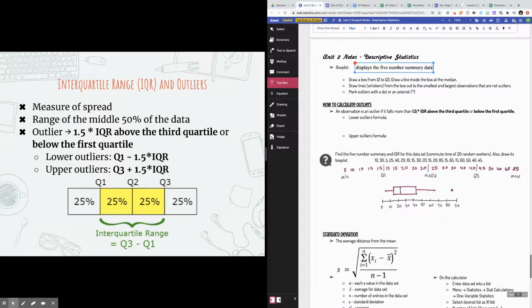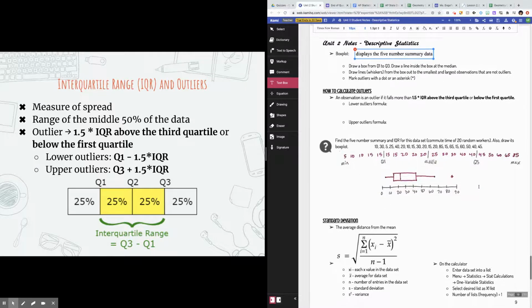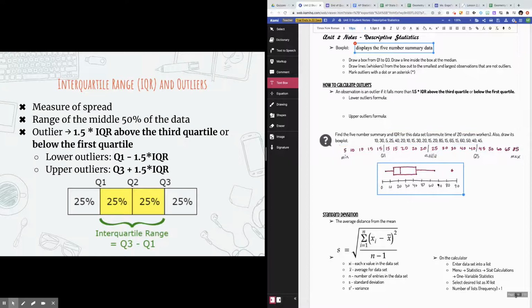And when you do box plots, you want to mark outliers with either a dot or an asterisk. You can see an example of what that looks like. I have one drawn because I'm going to do this example for you in just a moment. You can see this distribution has an outlier in it that I marked with a little star.